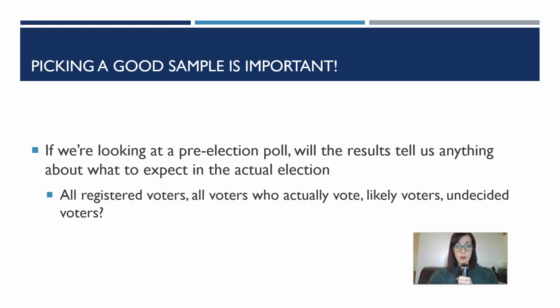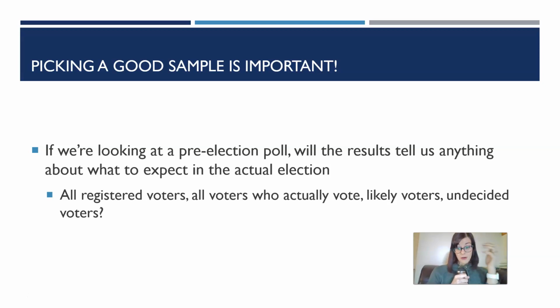We know that a lot of people are registered to vote, but they don't actually go out and do it. So if we're looking at all registered voters as our sample, and we're trying to extrapolate to all voters who will actually go vote, there might be some important differences between people who are registered and actually go do it versus people who are registered but don't.